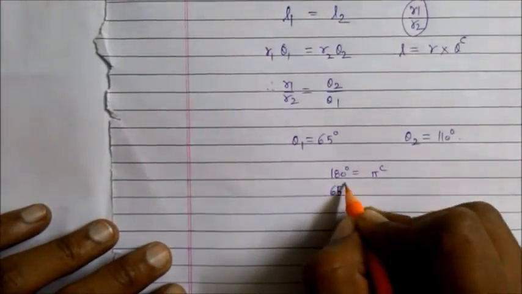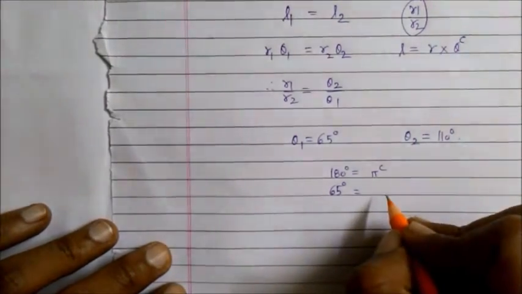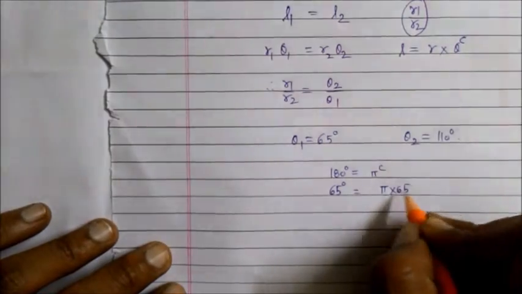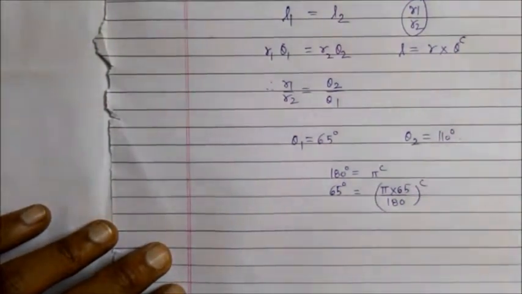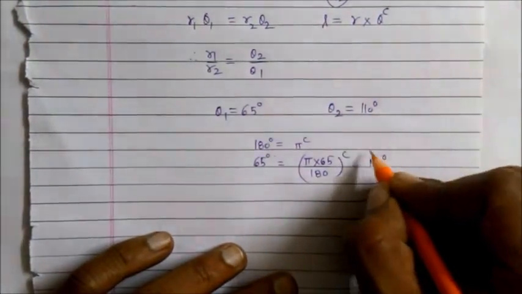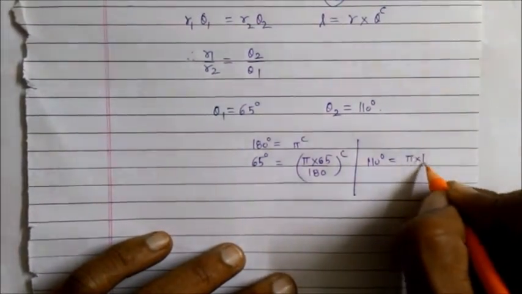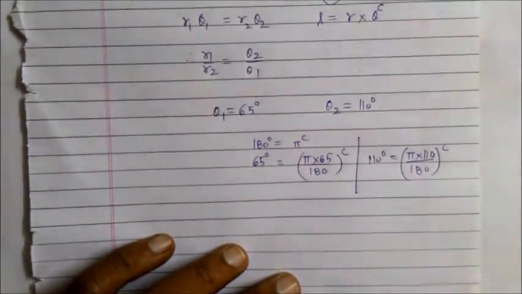Therefore 65 degrees will be pi into 65 divided by 180. Similarly, 110 degrees can be written as pi into 110 upon 180 radians.